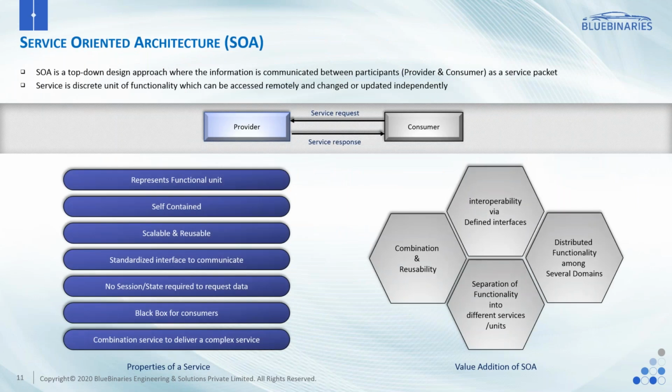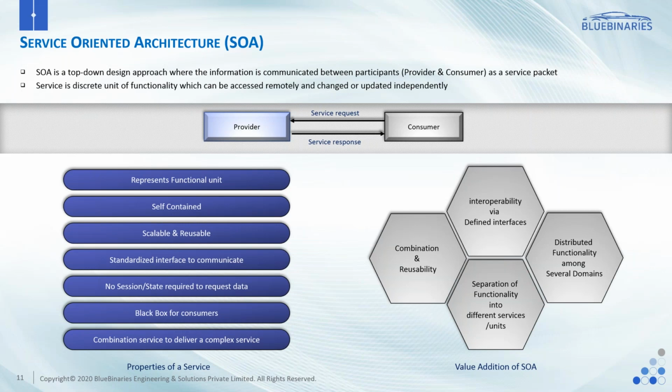So service-oriented architecture, which is mostly spoken of as SOA in the automotive industry. SOA is a top-down design approach where the information is communicated between participants, where you have a provider and consumer, as a service packet.